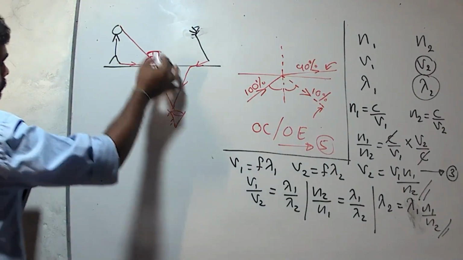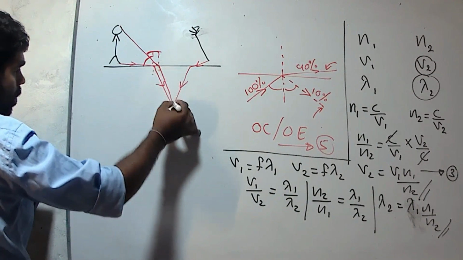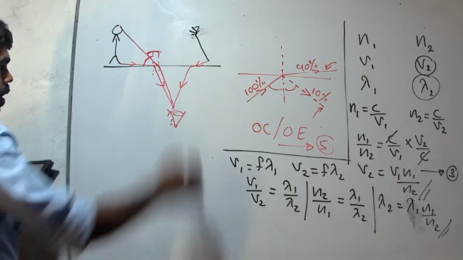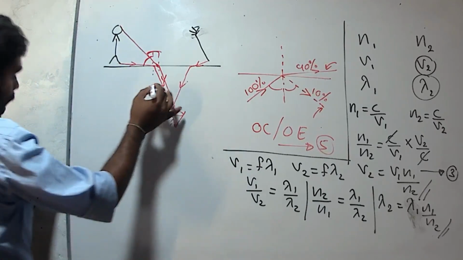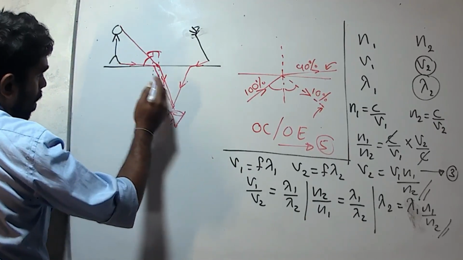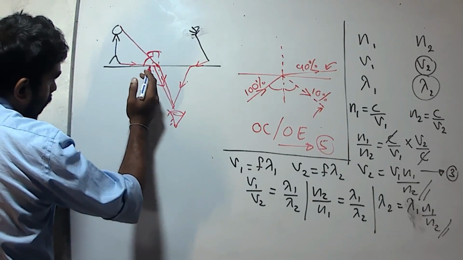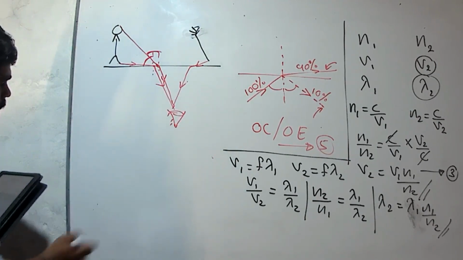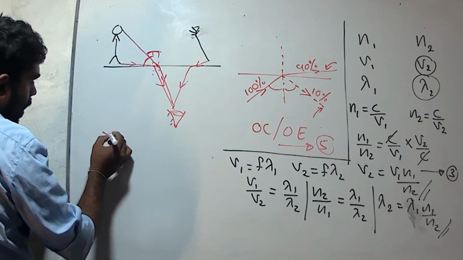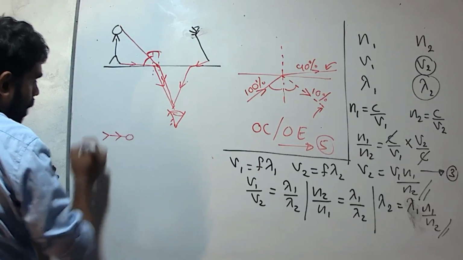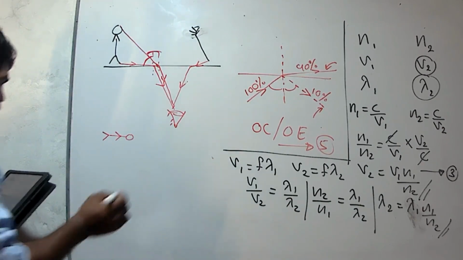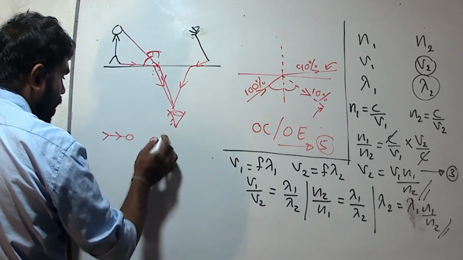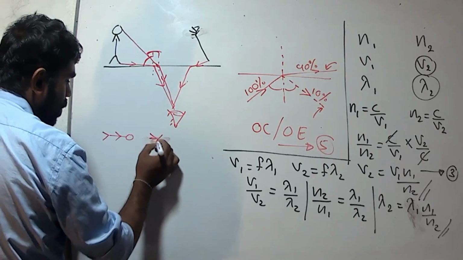Therefore, this ray is refracting at this point. The ray is coming in the right hand direction. Therefore, he can see the man like this. By using the same method, we can get that he can see the tree like this.